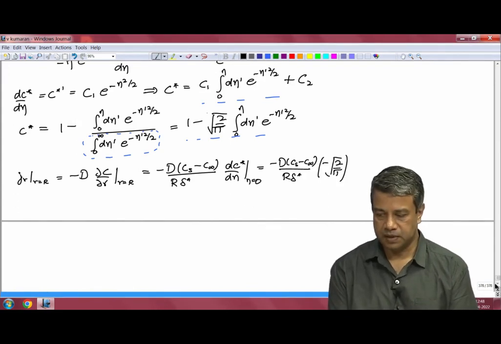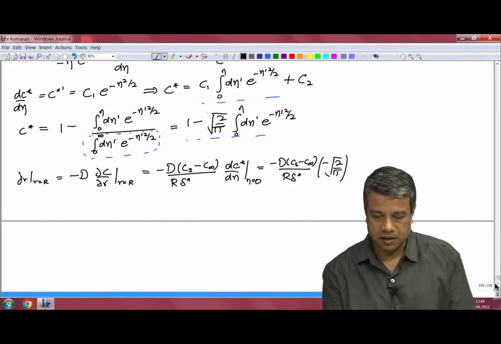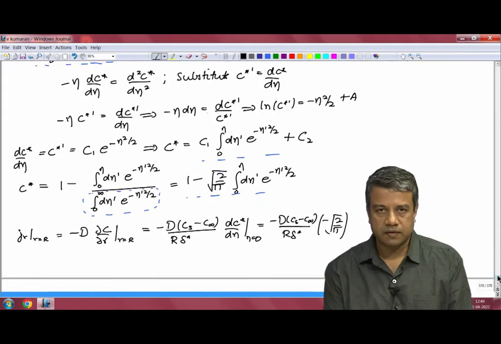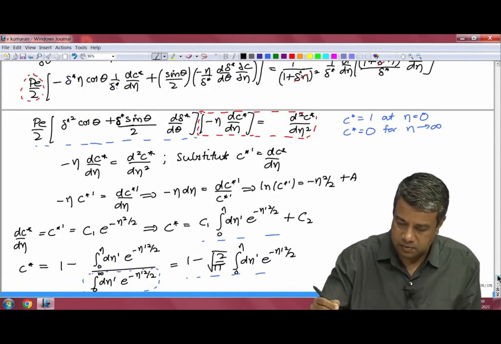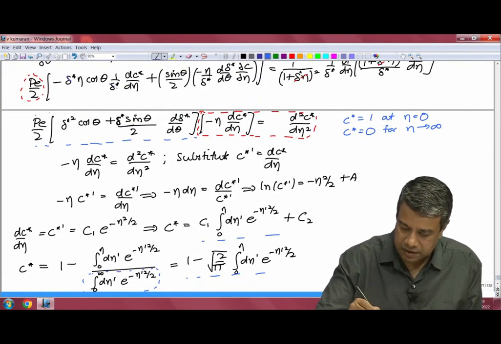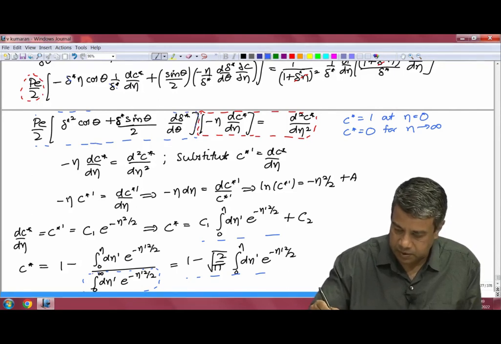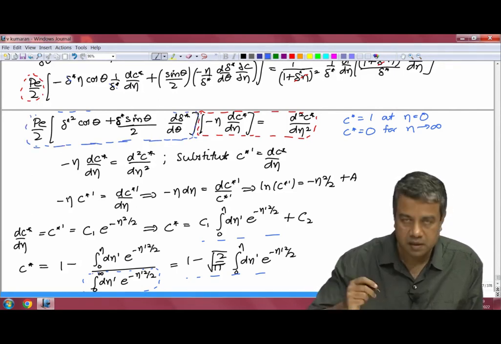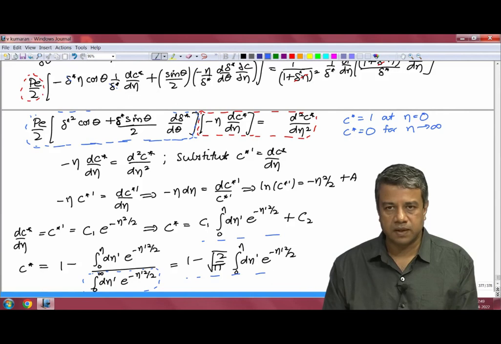We have still not yet evaluated what is delta star, the scaled boundary layer thickness, which has to be obtained from this blue part of the equation. By setting this equal to 1, we have to determine what is the scaled boundary layer thickness.